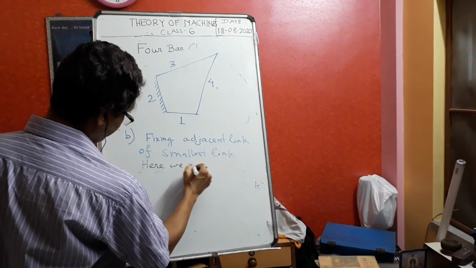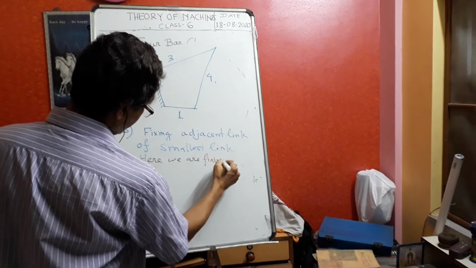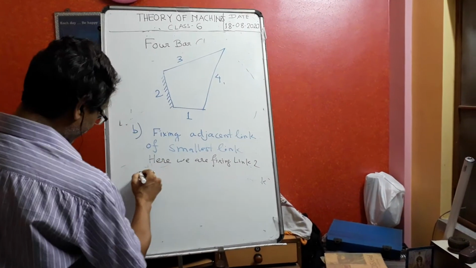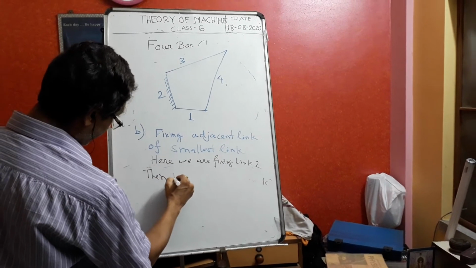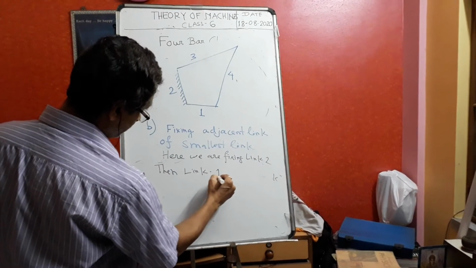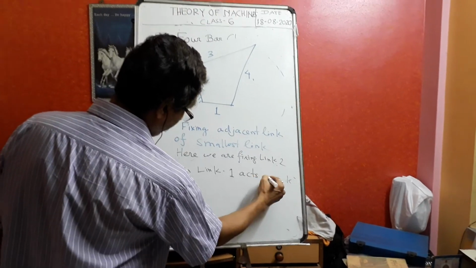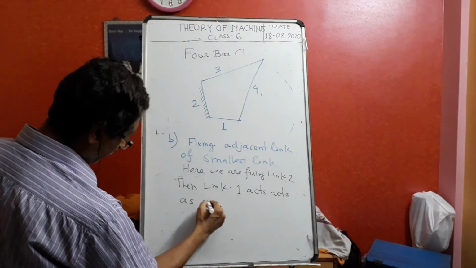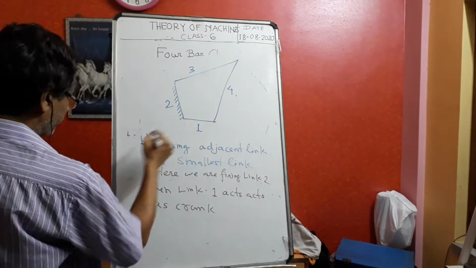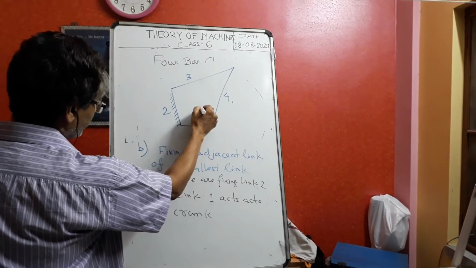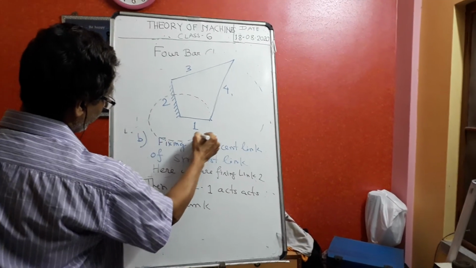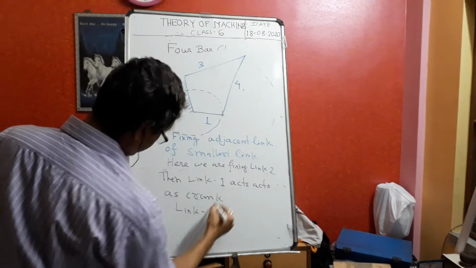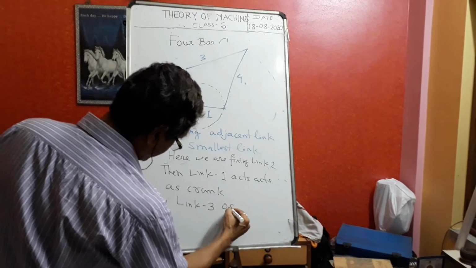Here we are fixing link 2, which is adjacent to the smallest link 1. Then link 1 acts as a crank. What does it mean? It will rotate. Link 1 will have a 360 degree rotation, and link 3 will oscillate.